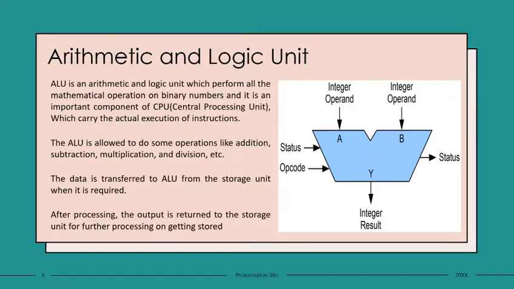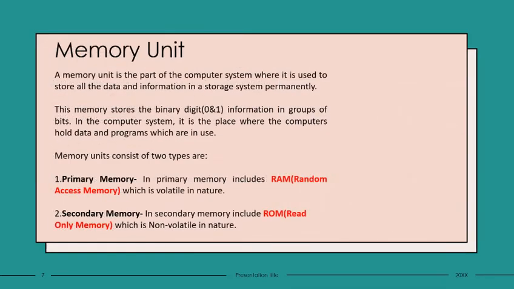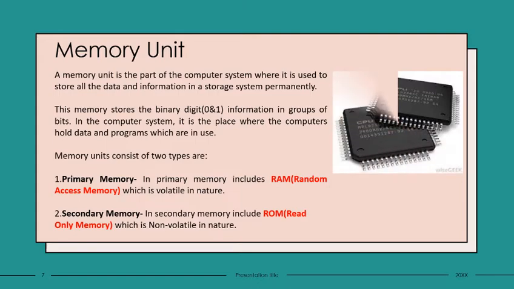Now, memory unit. A memory unit is a part of the computer system which is used to store all the data and information in the storage system permanently. The memory stores the binary digit information in groups of bits. In the computer system, it is the place where the computer holds data and programs which are in use.